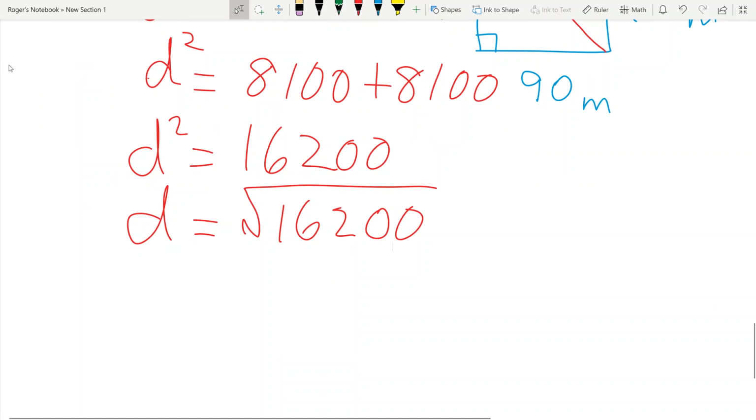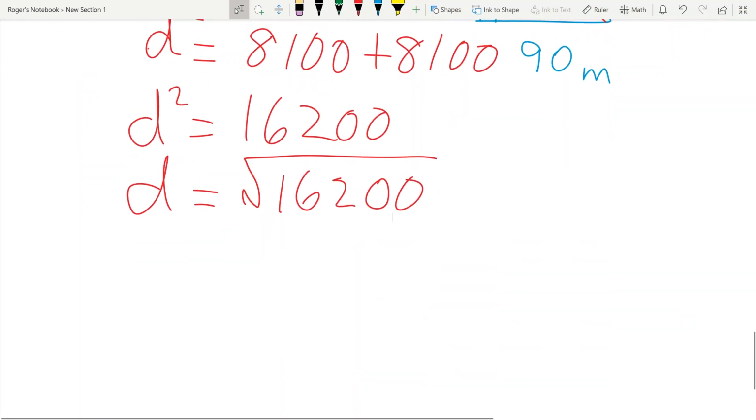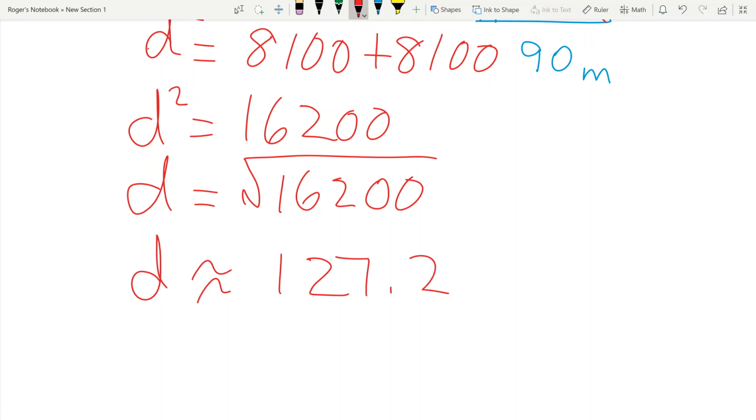We take the square root of the left and the right, and d then comes up to be approximately equal to the square root of 16,200, which is 127.28 to the nearest hundredth. 127.28 feet.